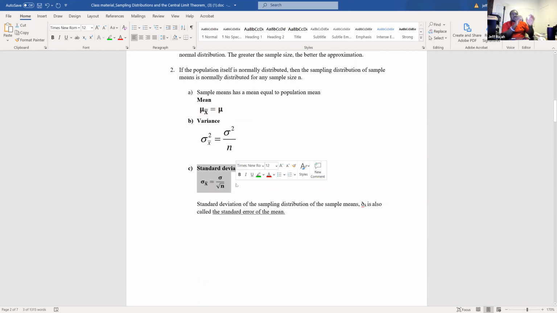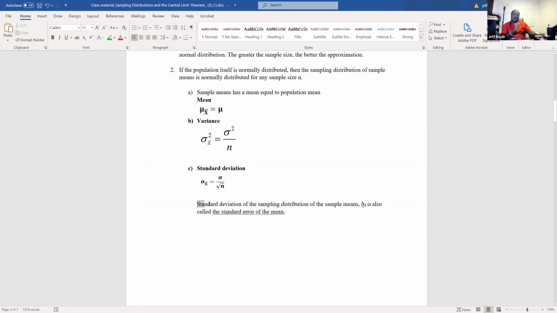It says the standard deviation of your sample means is the same as what? The standard deviation over what? The square root of N, right? It's very important to know these rules, and that's why I spent some time proving it, because we're going to be solving questions. We need to understand these rules as we do so, right?